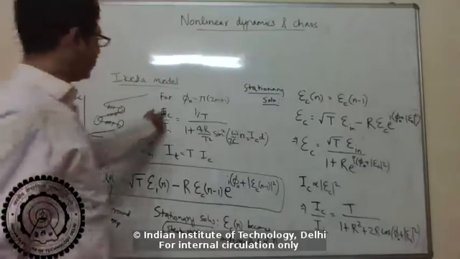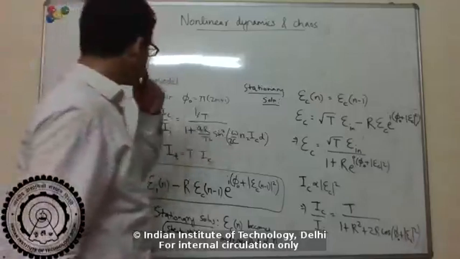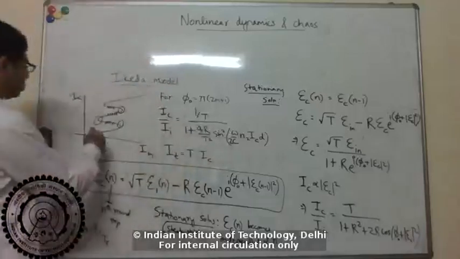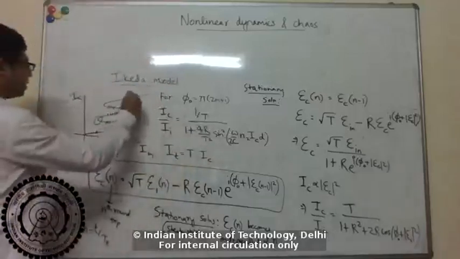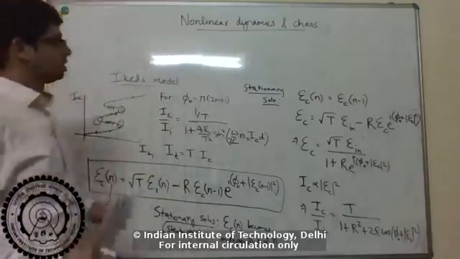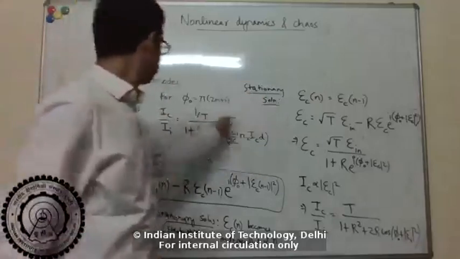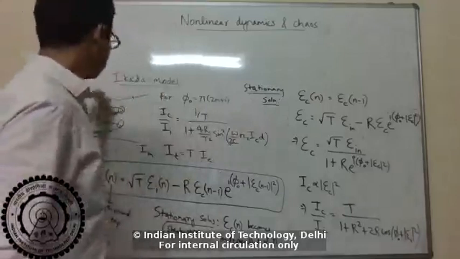But basically, if there is a solution to this, so you'll be somewhere on this graph, then you'll get the stationary solution corresponding to that solution.